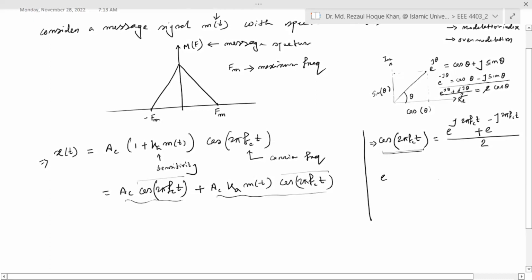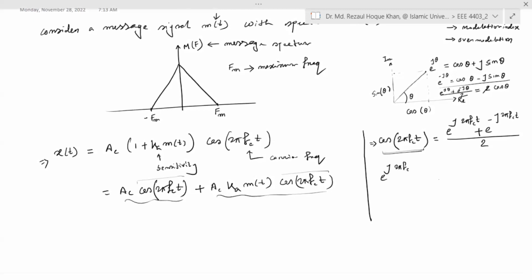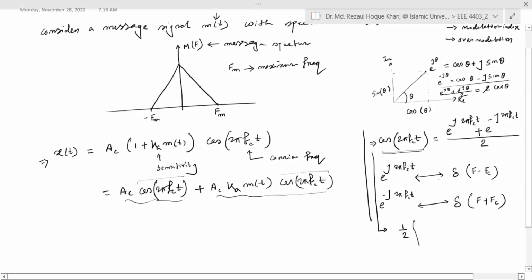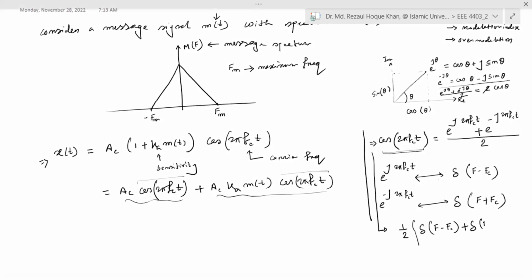We know e to the power j 2 pi f_c t in Fourier transform is delta(f minus f_c), and e to the power minus j 2 pi f_c t is delta(f plus f_c). So our cos 2 pi f_c t will be expressed as half of delta(f minus f_c) plus delta(f plus f_c).